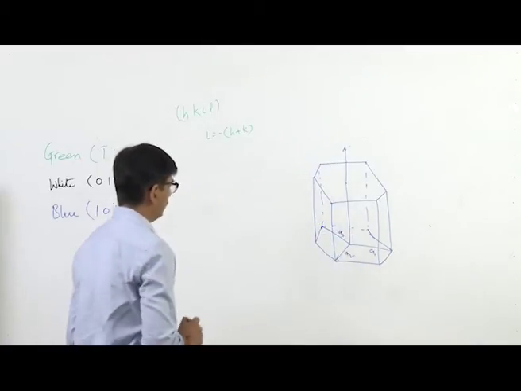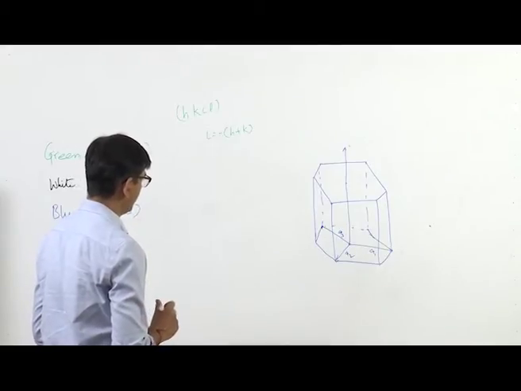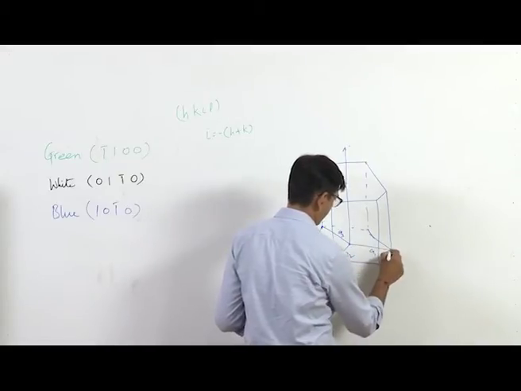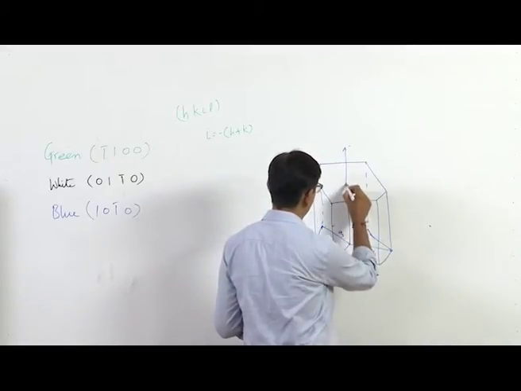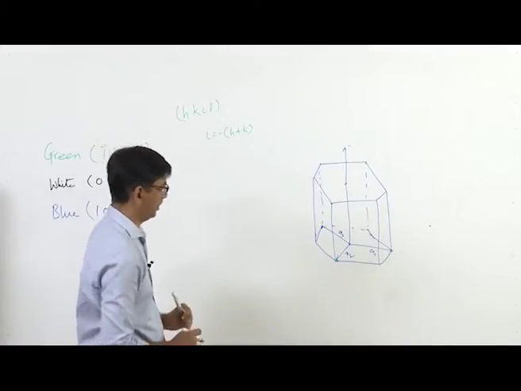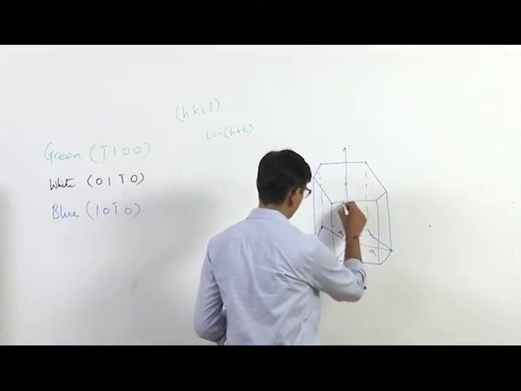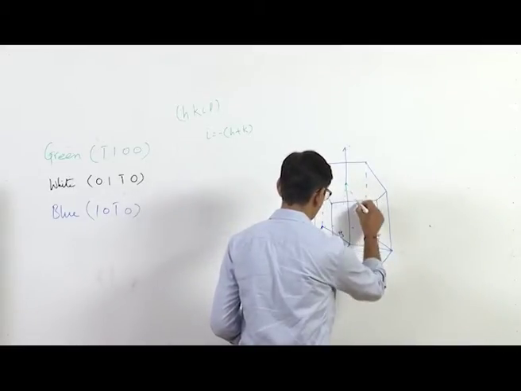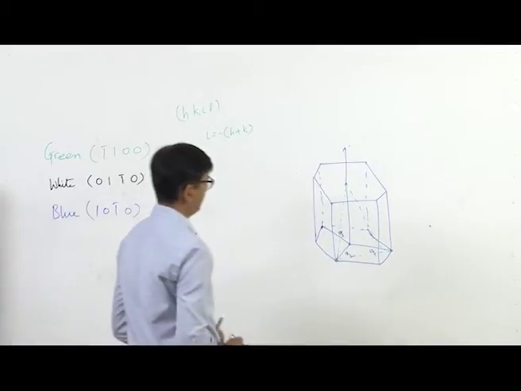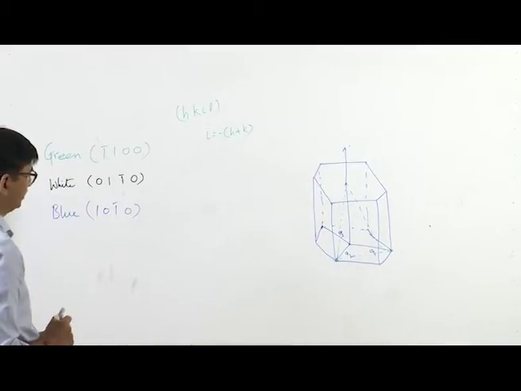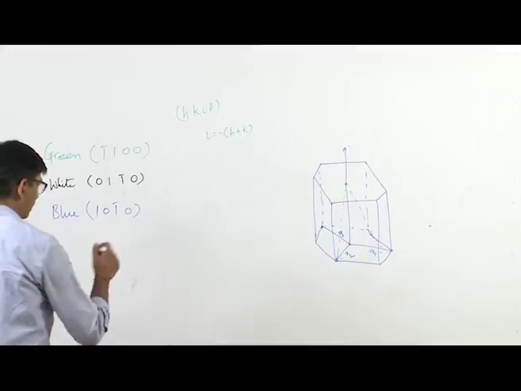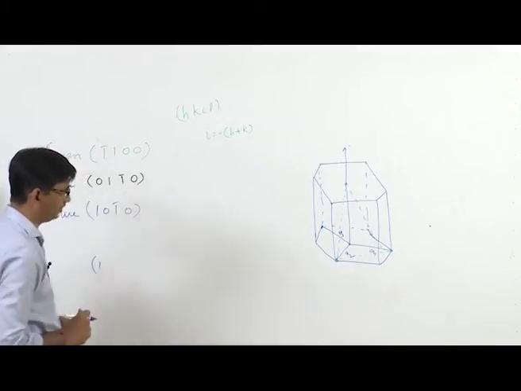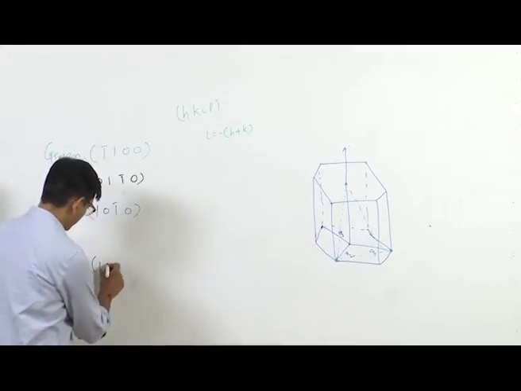Okay. So, suppose I am interested in a plane which is cutting A2 here, A1 here, and let us say it is making an intercept here. So, maybe something like this. We are interested in a plane like this. Now, let us see, in A1 it is cutting at positive 1, in A2 also it is cutting at positive 1.